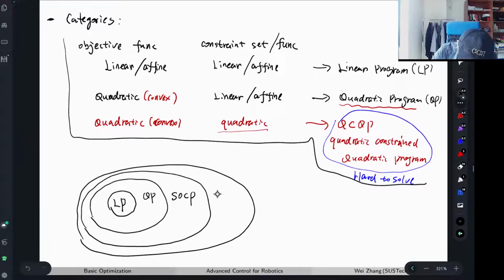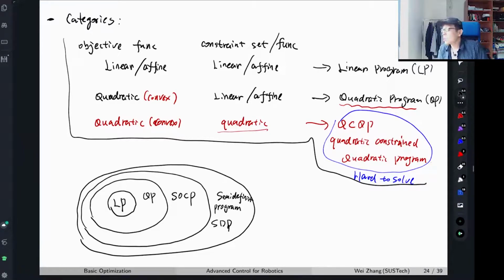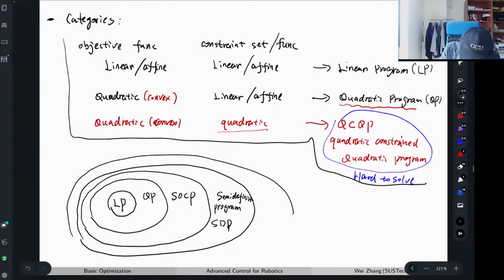Another one is the semi-definite program, called SDP, a special convex optimization problem that we're going to introduce in the next lecture, lecture 12. That's quite an important class of convex optimization problems, especially for control.